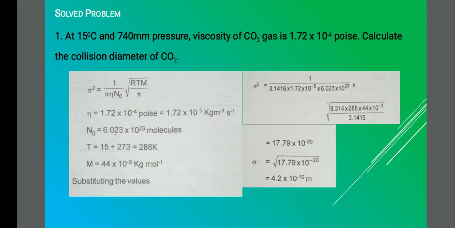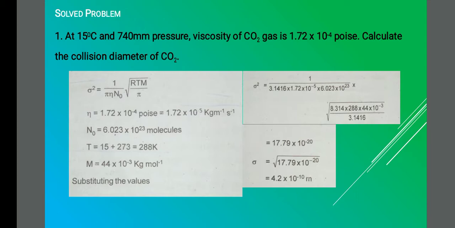And n0 is the value I have told you, 6.023 into 10 to the power of 23, Avogadro's number, and the temperature is 15 degrees, added with 273 to get Kelvin, so it is 288 Kelvin, and the molecular weight of carbon dioxide is 44. Because we are writing kilogram per mole, we put it as 10 to the power of minus 3 kilogram per mole.